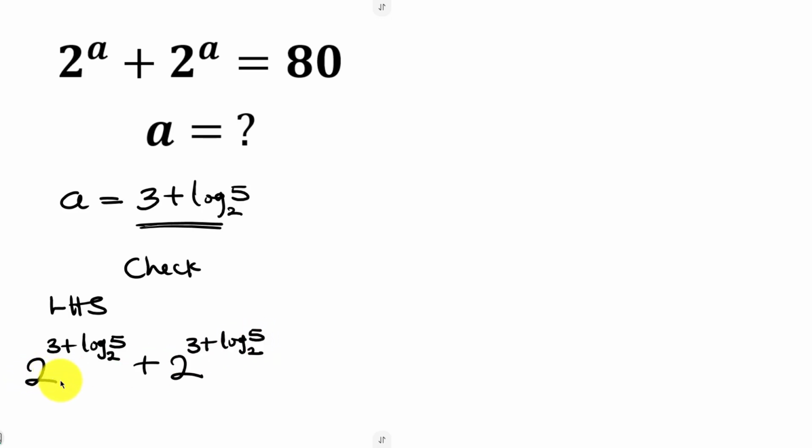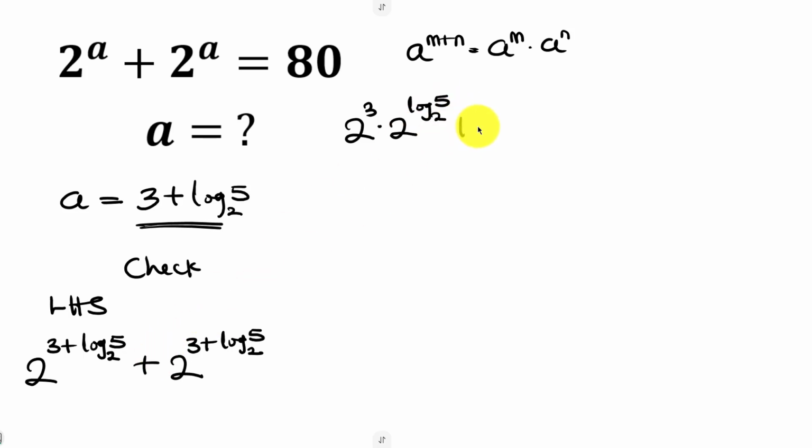So now we're going to be applying the law of indices that says that when I have, for example, a to the power of m plus n, this is equal to a to the power of m times a to the power of n. So that means this expression can be 2 to the power of 3 times 2 to the power of log base 2 of 5. Plus, now we'll do the same thing here.